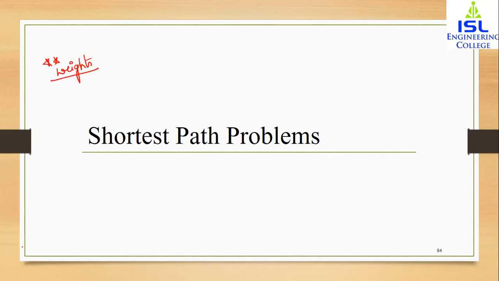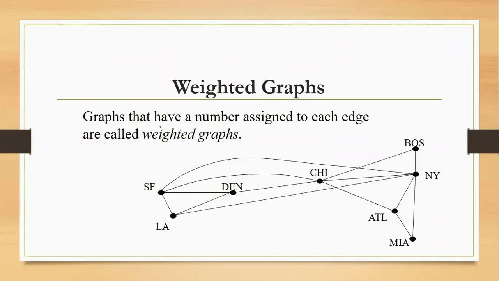Consider this example, an airline system of American cities. This is San Francisco, Los Angeles, Denver, Chicago, Boston, New York, etc. This is a textbook example. For these cities, the edges are the airlines which are available.